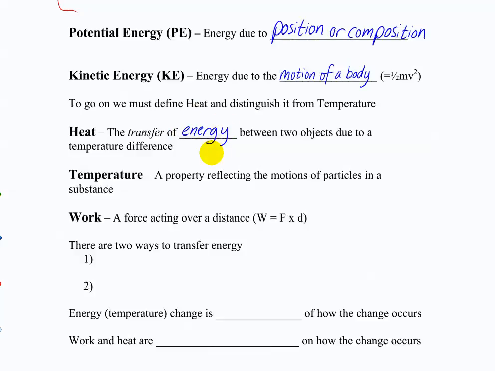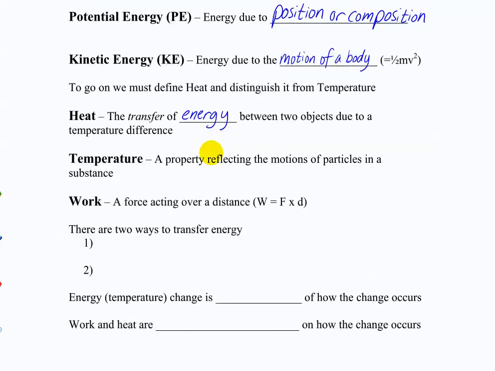Heat and temperature are often used interchangeably in everyday life, but in scientific terms, heat is talking about transferring energy due to a hot thing and a cold thing. That energy transferring is known as heat. The temperature is what you think of as a temperature, the thing you measure that is proportional to the kinetic energy and so forth. And then work is force acting over a distance.